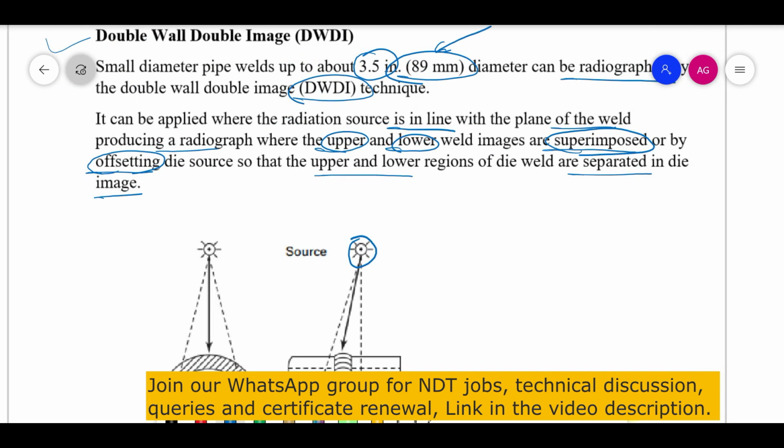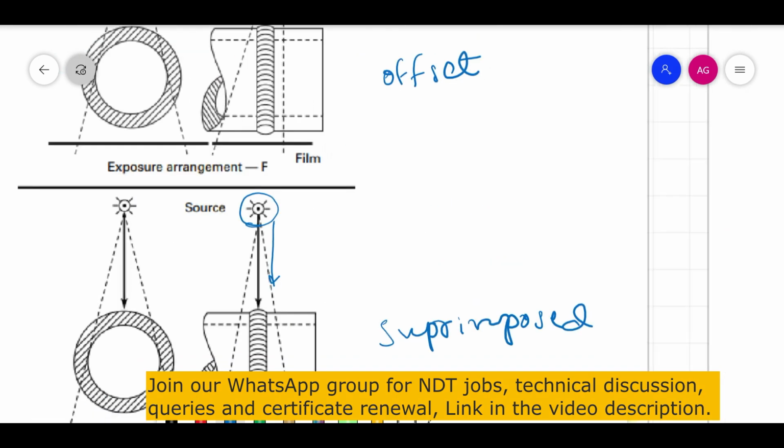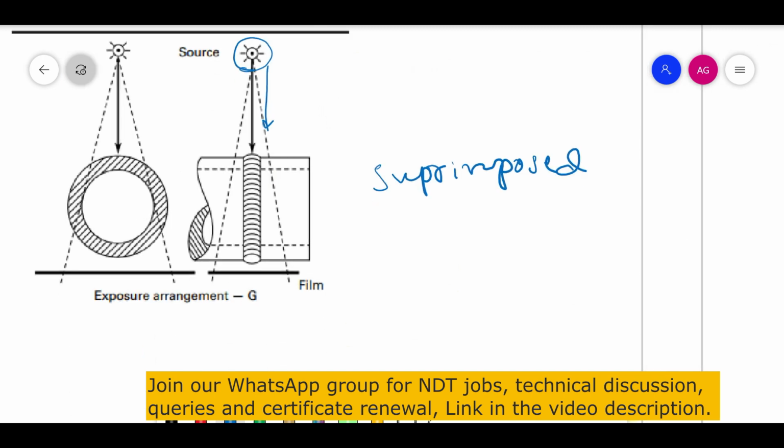In the superimposed technique, the upper and lower images are superimposed on each other. In this film, the images are of the upper wall and lower wall, and both are superimposed.